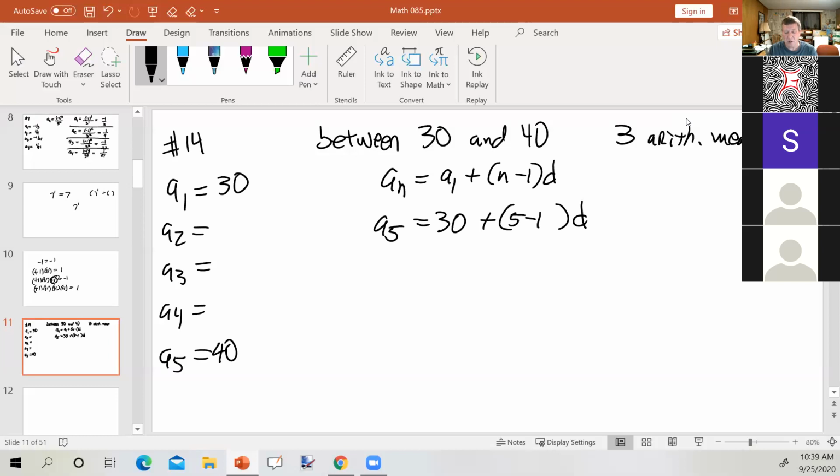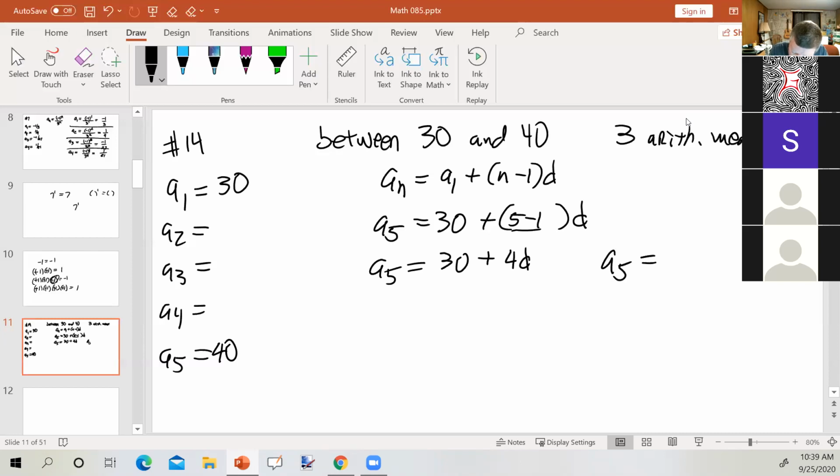Are there any questions as to where I got the a sub 1 or the n? Okay, this could be simplified down to 30 plus, well, 5 minus 1 is 4, so 30 plus 4d. So now we know that a sub 5 is 30 plus 4d.